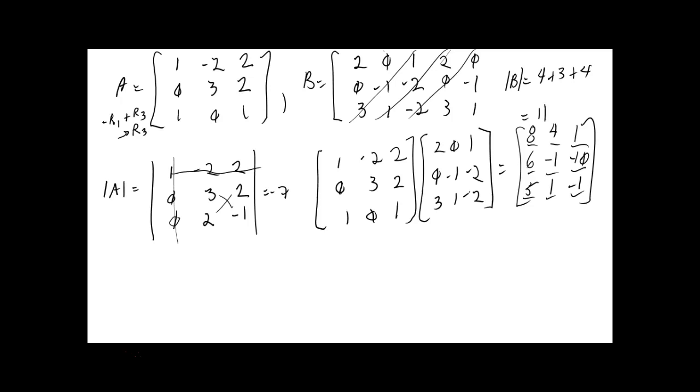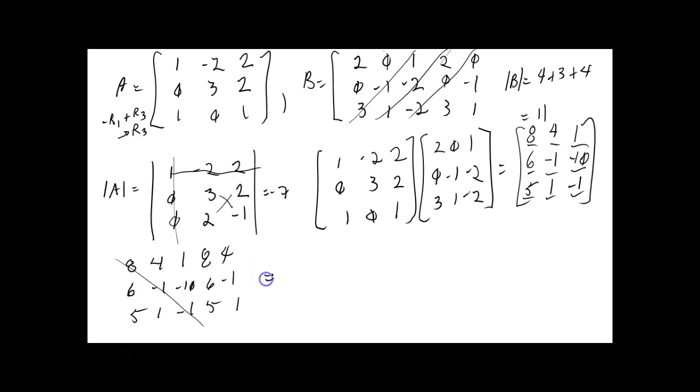Now we need to find the determinant of that. Ew, yuck. It's still a 3 by 3, so it can be done by the old way of 8, 4, 1, 8, 4, 6, minus 1, minus 10, 6, minus 1, 5, 1, negative 1, 5, 1. That's expanding the first two columns over. Now do your down diagonals.